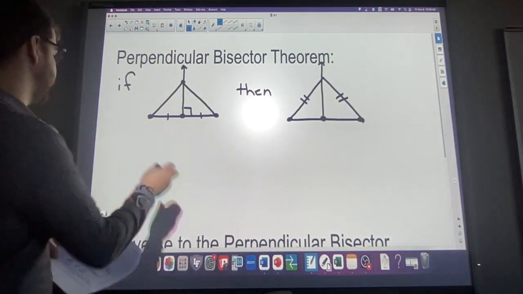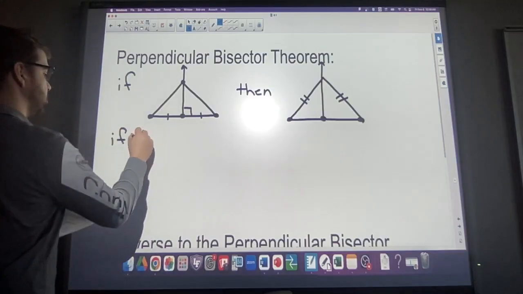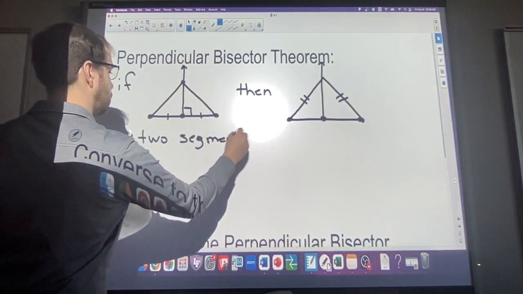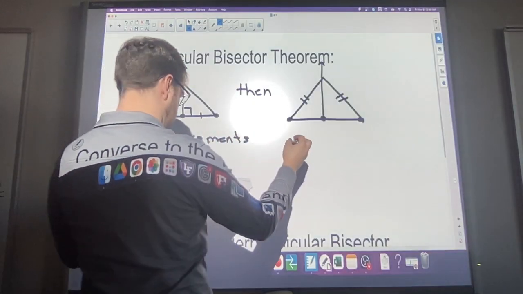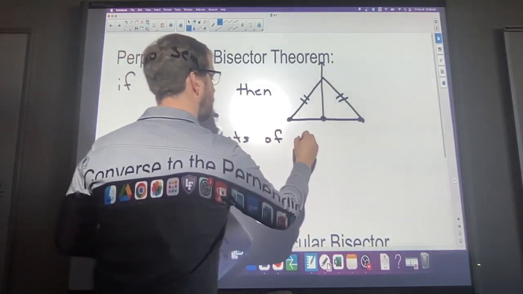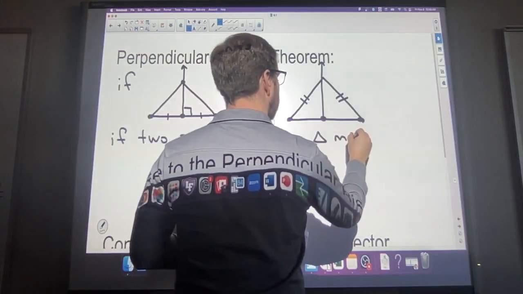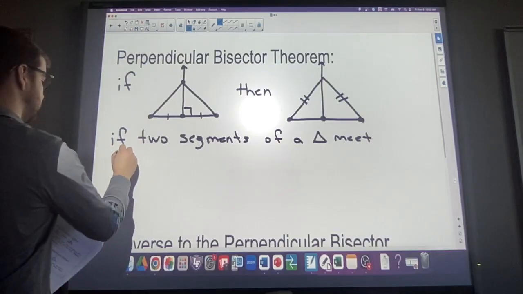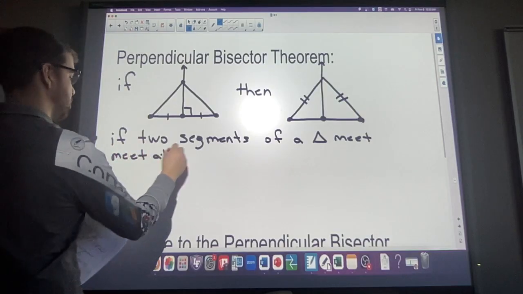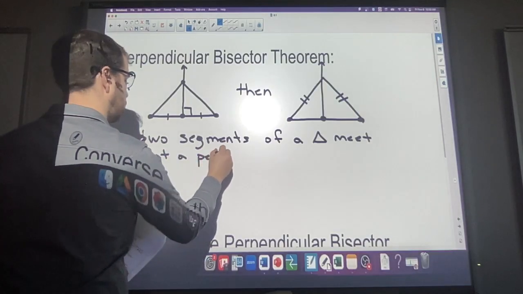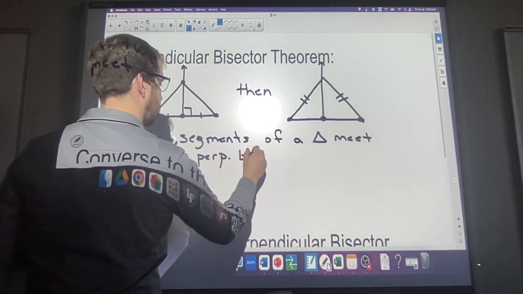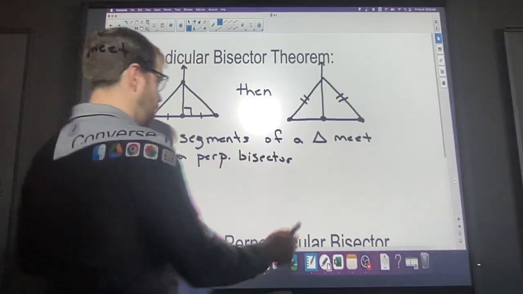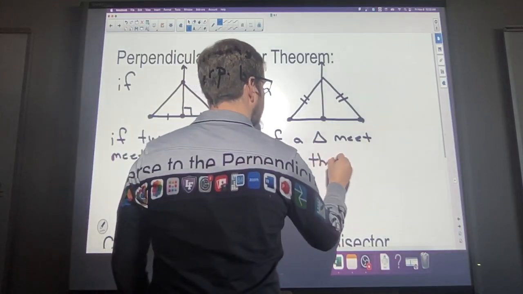So here's how I say this. If two segments of a triangle meet at a perpendicular bisector, then the triangle is isosceles.